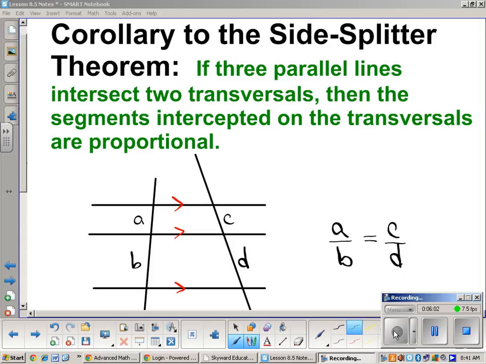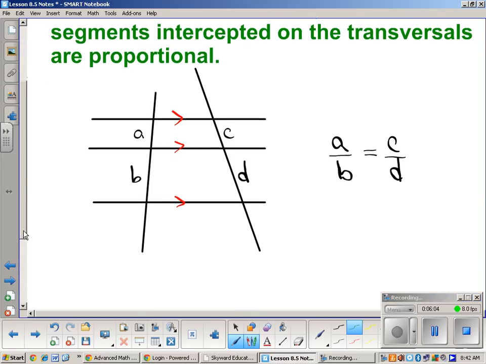If all three of these lines are parallel, then these segments between these parallel lines are going to be proportional. They won't necessarily be equal, but they'll be proportional.